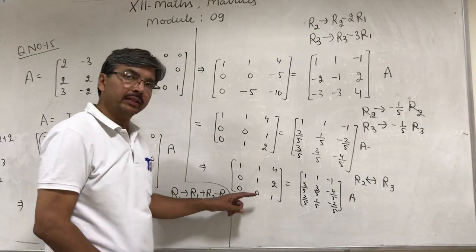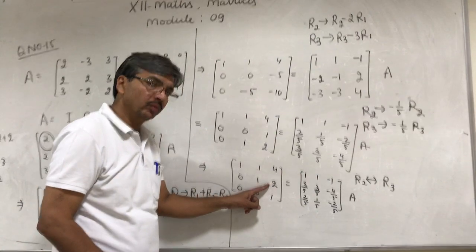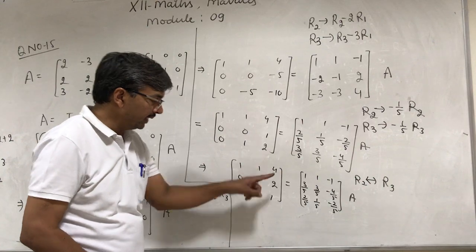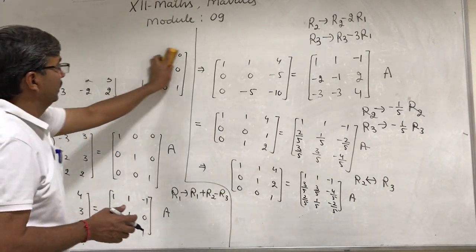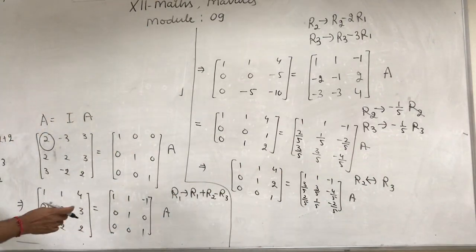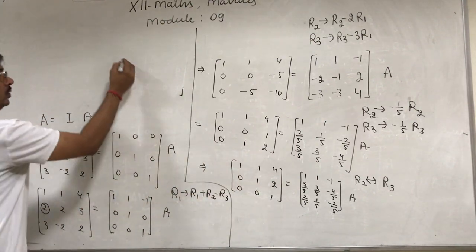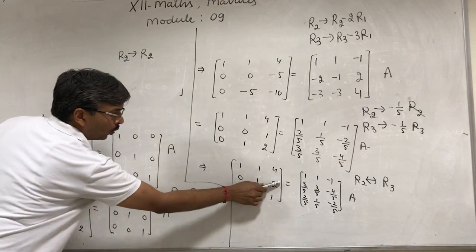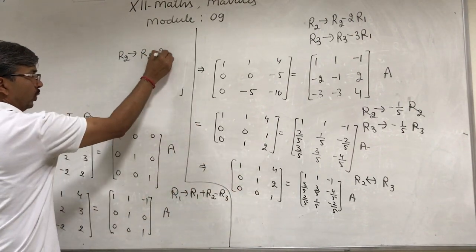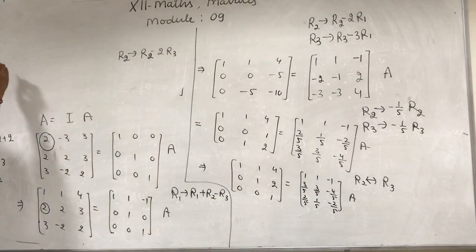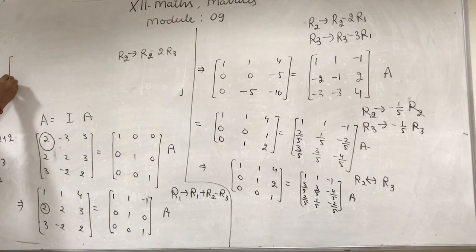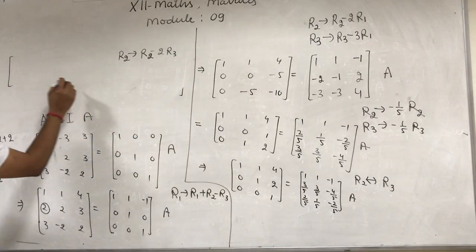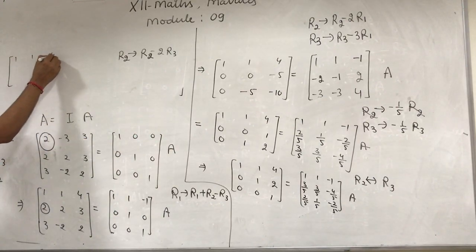And now we will make this 2 0 so that they won't be changed. So we will apply here R2 change to R2 minus 2R3, and this will become, we will change only R2. 1, 1, 4.